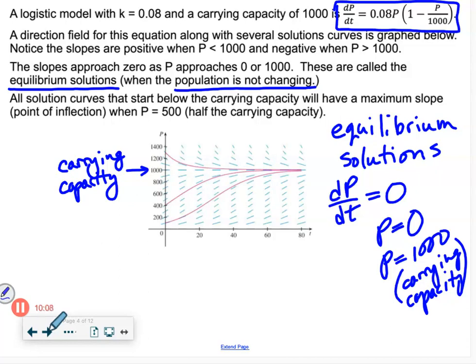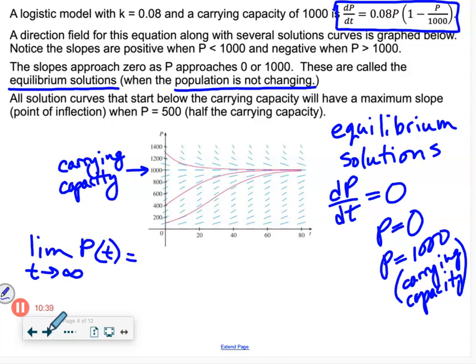The next thing you need to know is there are two types of questions that the College Board will often ask about logistic models like this one. One of the questions they'll ask, even though you don't know P, all we know is dP/dt, is: what's the limit as t approaches infinity of your population?